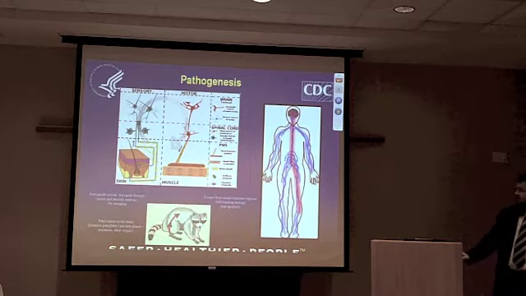There are no differences in spread in different mammals. There may be differences in incubation periods and susceptibility, but the general mechanism of spread through neurons is similar for any mammal.